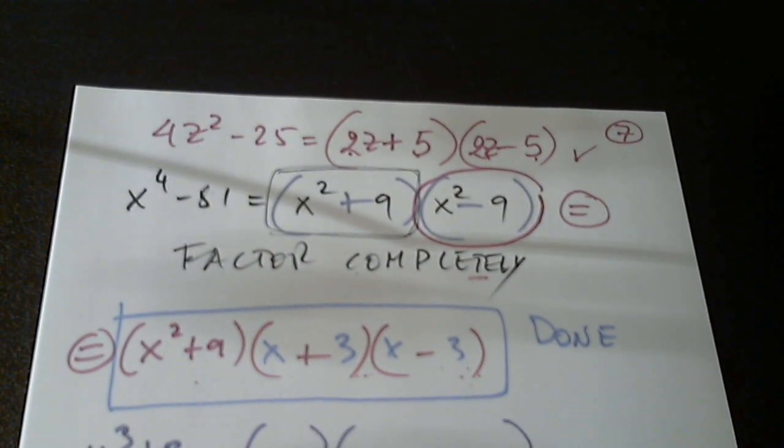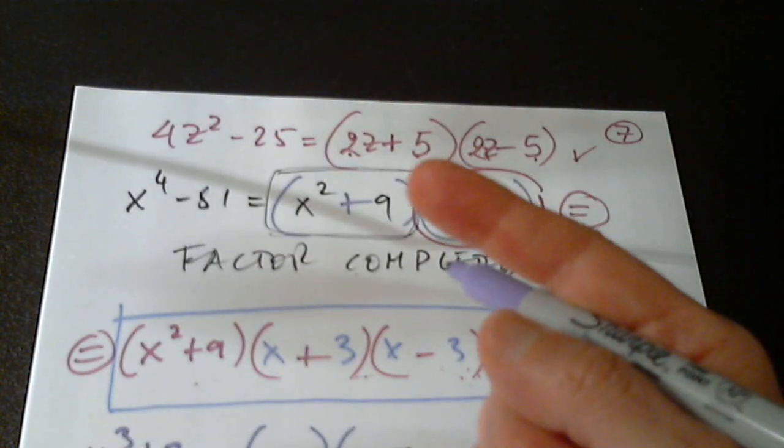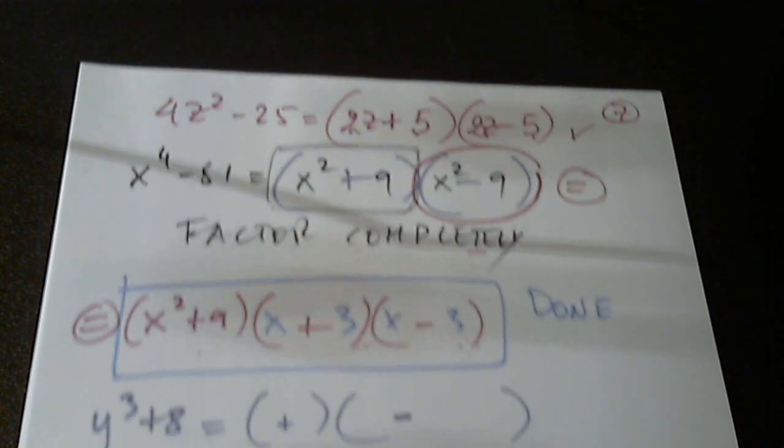Of course, a binomial times a trinomial. Can anyone give us the binomial? Something that I raised to the third to get y, and something I raised to the third to get 8. Two.